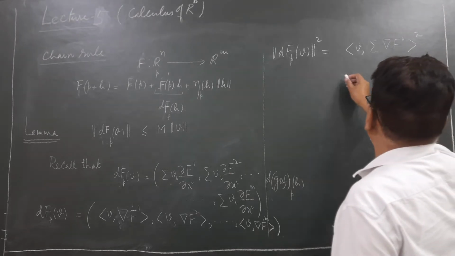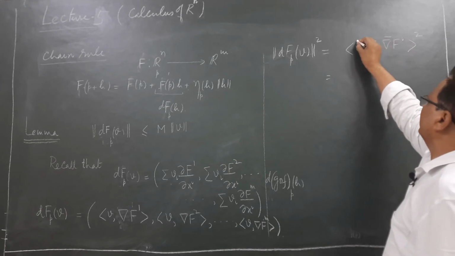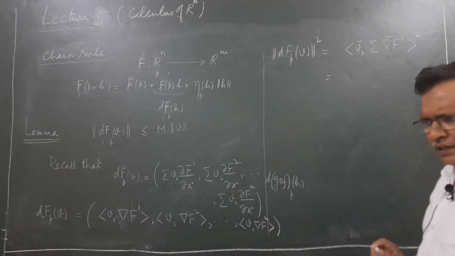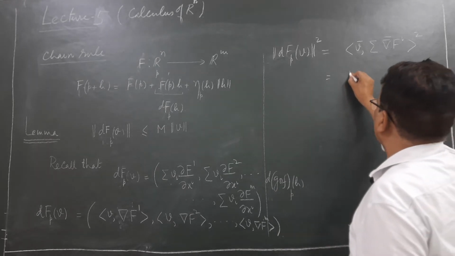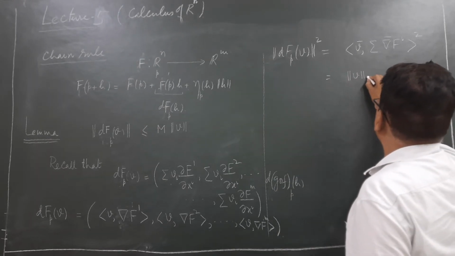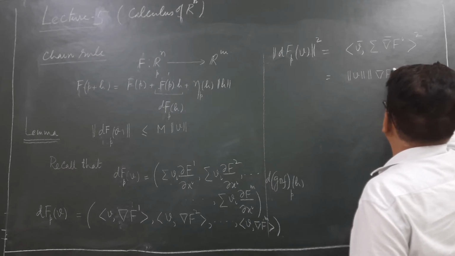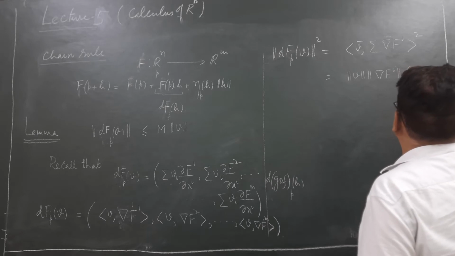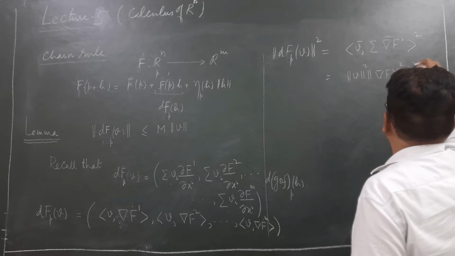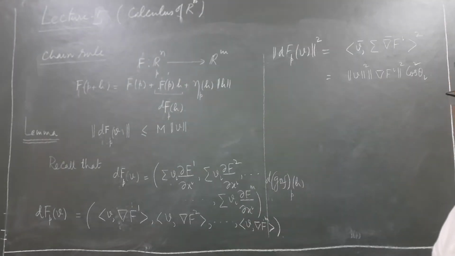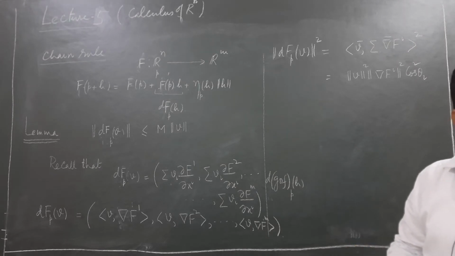All right, now this is the inner product of two vectors. Both of them are vectors. So the inner product of two vectors, if you are working in the R^n setting, is in fact norm of v into norm of del fi into cosine theta_i, all squared. Now cosine square theta, for every theta, would lie between 0 and 1.